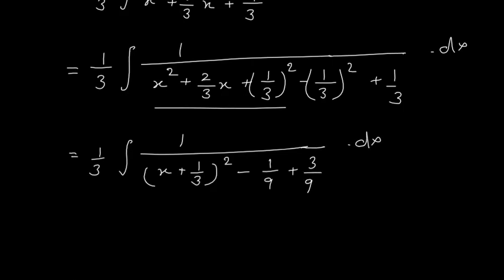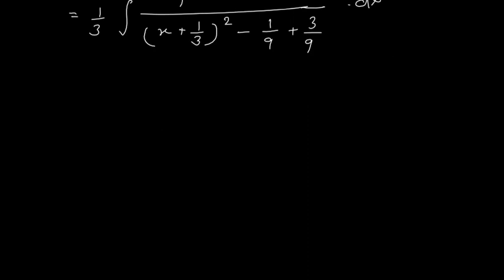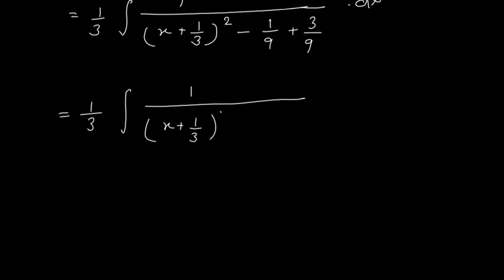Now this is equal to 1 upon 3 integration of 1 upon (x plus 1 upon 3) the whole square minus this, plus 2 upon 9. So 2 upon 9 you can write as root 2 upon 3 the whole square, into dx.